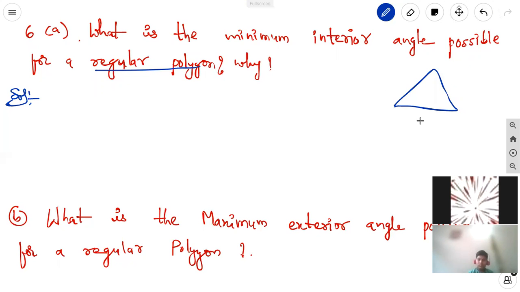Why? Because 3 minus 2 into 180 degrees is equal to 180. If the quadrilateral, the sum of the interior angles equal to 360. So we know that yes, it is the equilateral triangle.